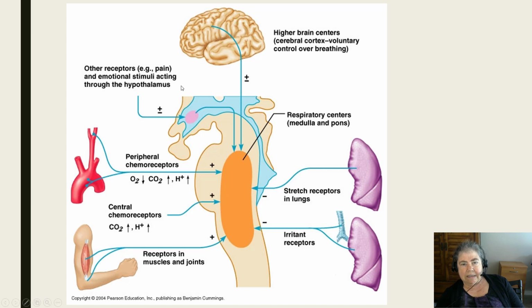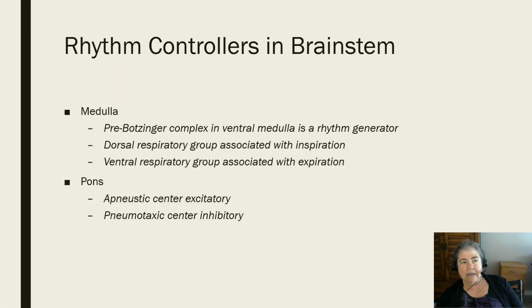So all of these centers, the hypothalamus, the higher centers, the receptors in the lungs and in the periphery, and central receptors, which are local, and muscle and joint receptors, all that information is getting sent in to the pons and medulla where the respiratory center is.